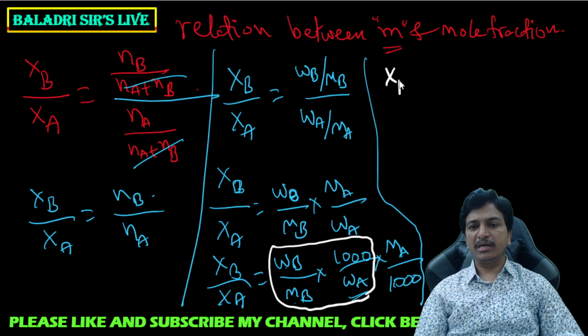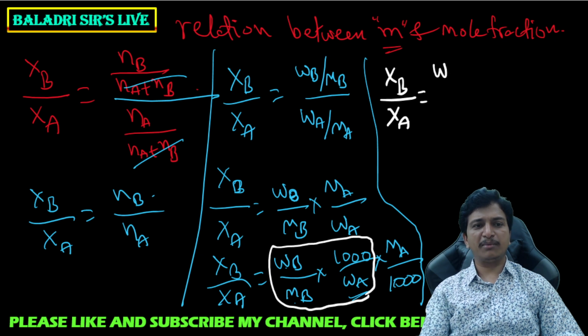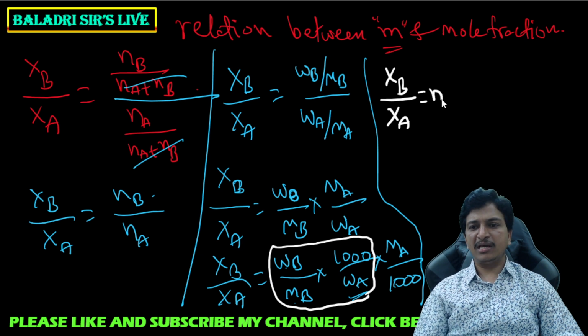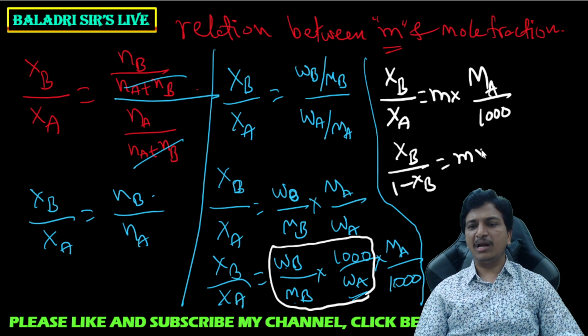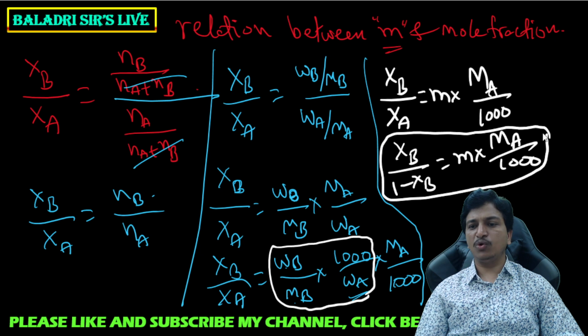So XB by XA is equal to molality of the solution into molecular weight of solvent by 1000. Now I can write XB by XA, which is XB by 1 minus XB, is equal to molality into molecular weight of solvent by 1000. This relation we can use for mole fraction of solute and molality of the solution.